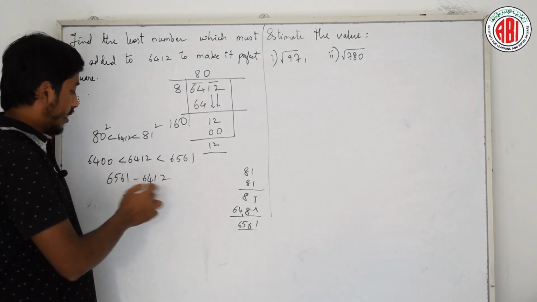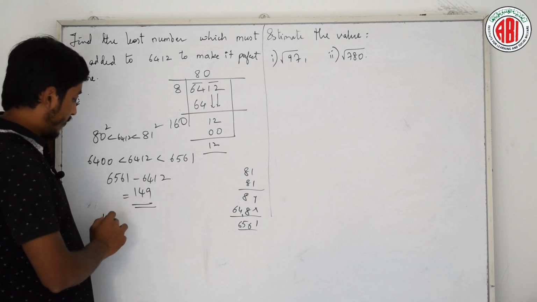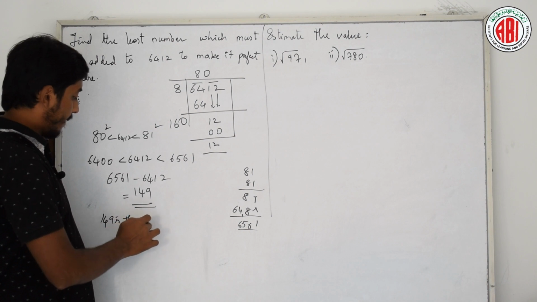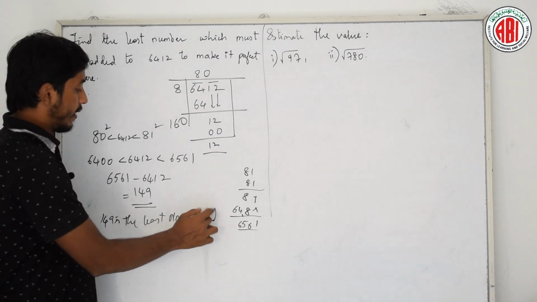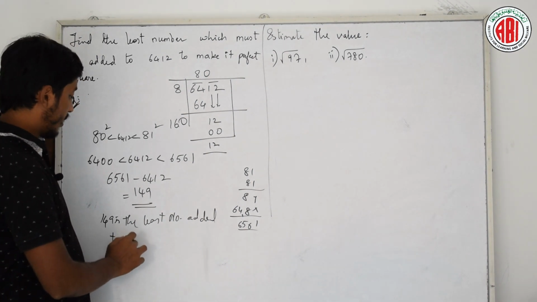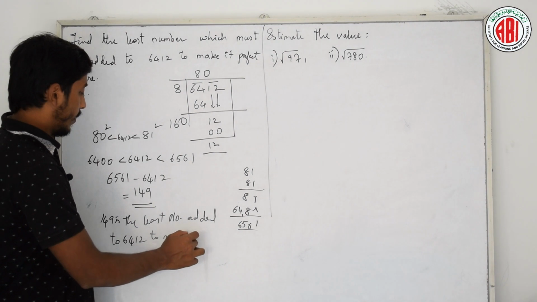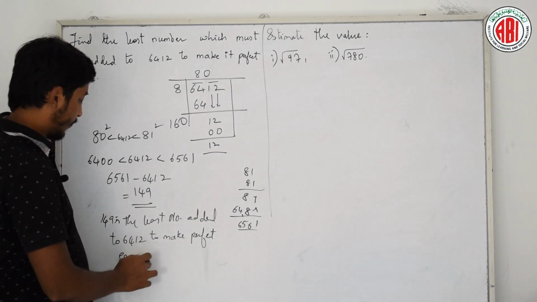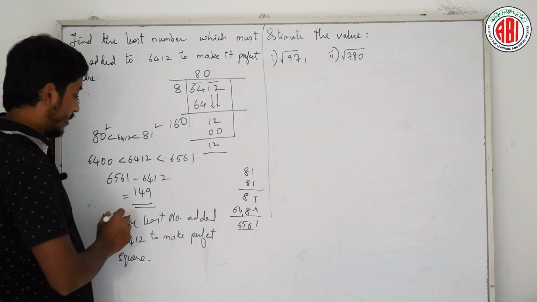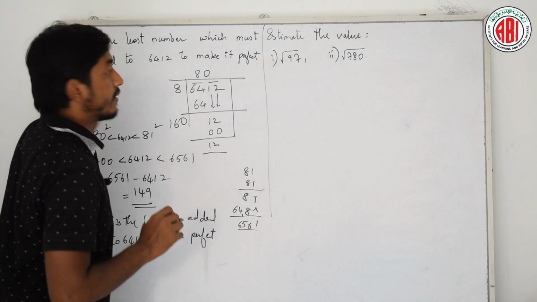How much is it? 149. This 149 is the least number to be added to 6412 to make it a perfect square. Okay, is it clear? That is what he is asking us.